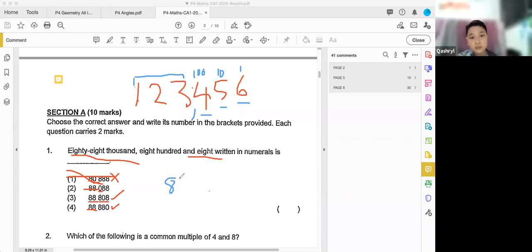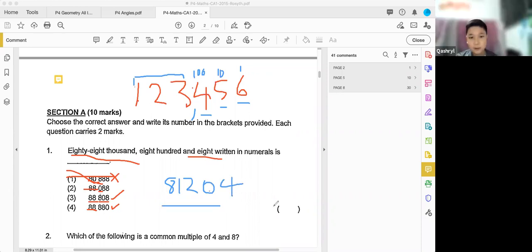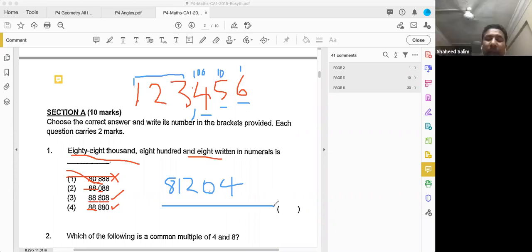Okay, we will test now. We are going to test Mr. Putra. Mr. Putra, can you read this number? 812,004. Okay, now Putra, what are they teaching down here? You count 1, 2, 3, put a comma. 1, 2, 3, put a comma.